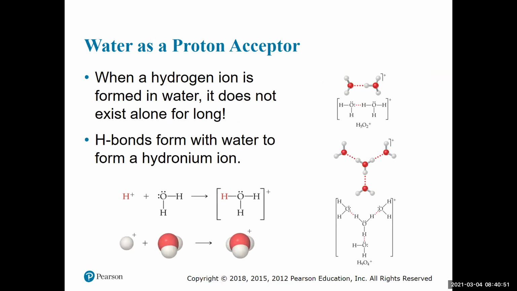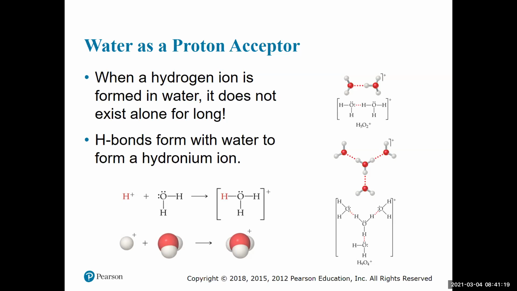Water is interesting because, as we'll see, in this case it's a proton acceptor, but it can also be a proton donor. At the bottom, we see water, H2O, accepting a proton, a hydrogen ion, to form H3O+.